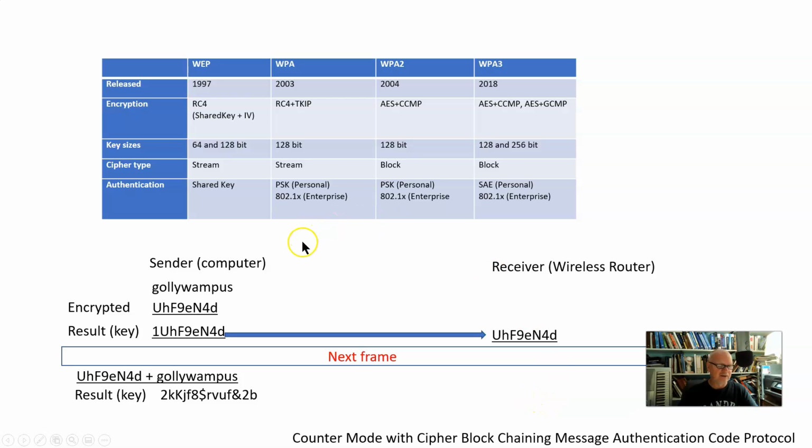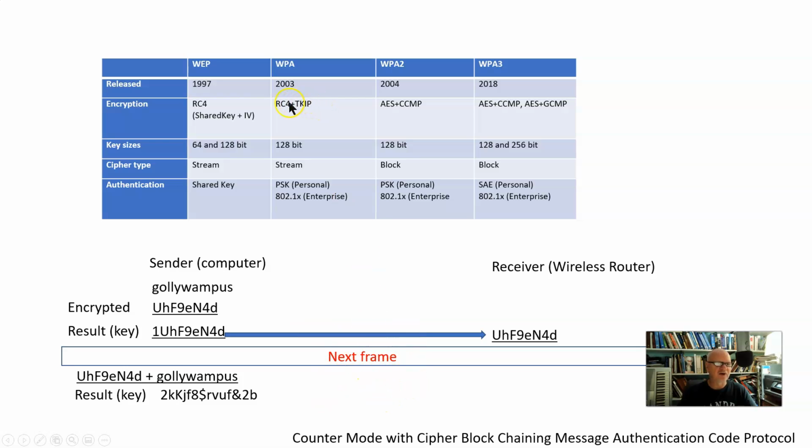After that one, we're going to take this and concatenate it to gollywampus, and then we're going to have yet a different one. So it's going to keep changing, and it changes every time we send a new message. We rely on the output from the last key and chain it together so that the last key helps us to remake the next key.